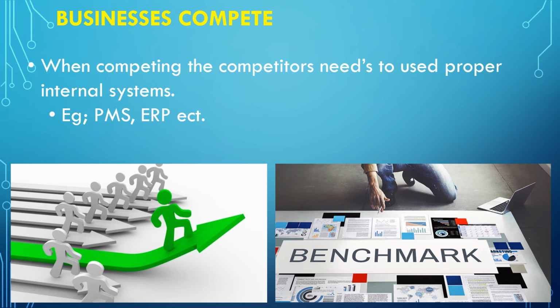We have to grow it, and we have to fight with other hotels. So to make this success, we need to have a proper system. I hope everyone can understand this very simple concept. With this knowledge, we can understand the next part of the area.